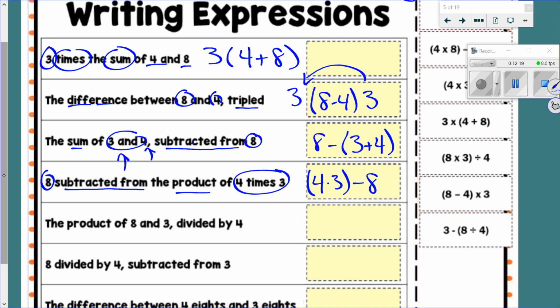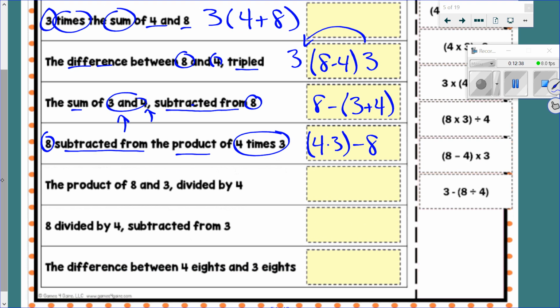Technically, no, because order of operations, I have to multiply before I subtract. So I would do 4 times 3 first anyway. Does it count badly against you if you put parentheses there when they didn't need them? No. Because that just helps you organize, you guys. Parentheses are a way to mathematically organize our numbers to make sure we're doing them in the right order.